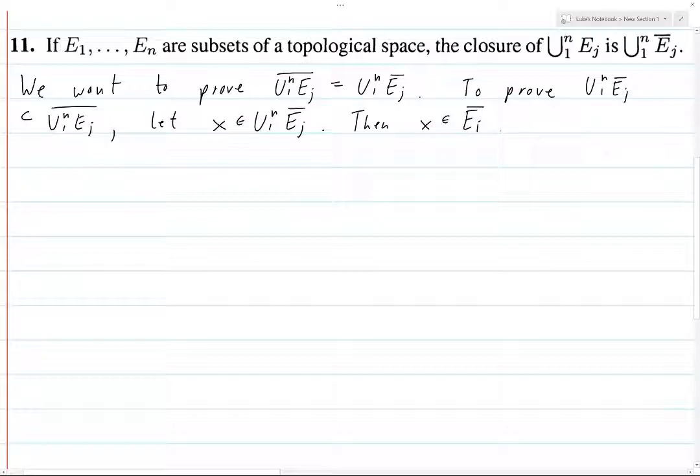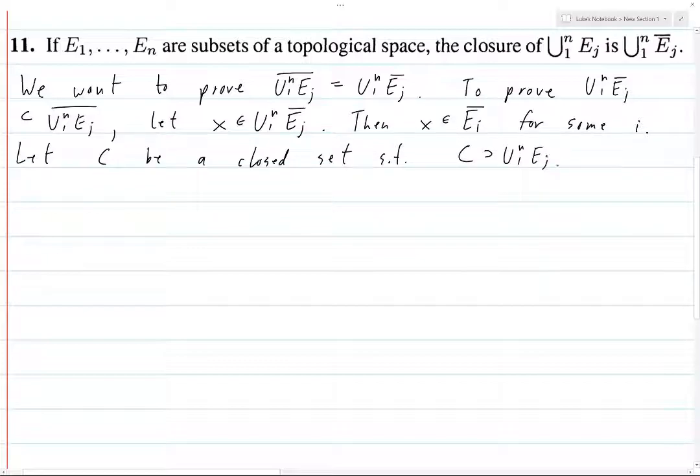Okay? And this holds for some i. Alright? So let C be a closed set such that C contains the union of the E_j's. Because remember, what we're trying to prove here is we're taking X to be in the union of the closures, and we want to prove that X is in the closure of the unions.